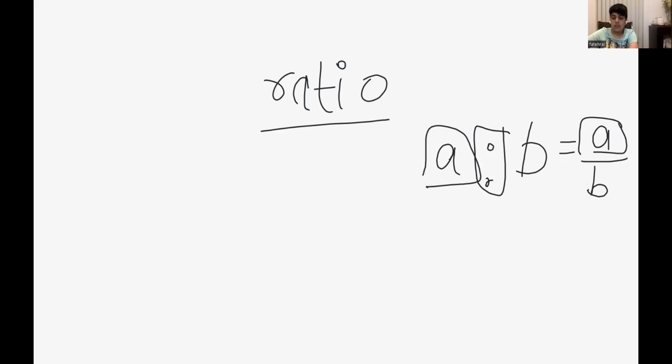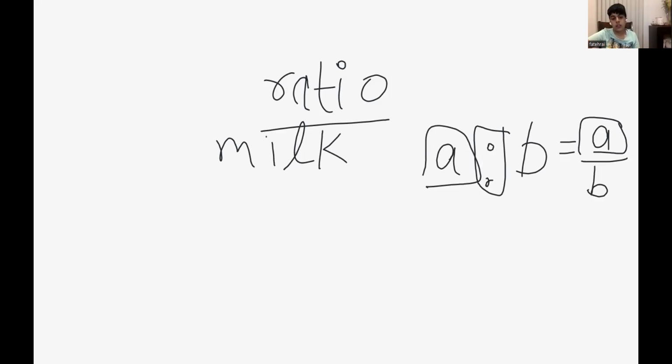Now, what is the basic meaning of ratio? Say I have made a milkshake. In this milkshake, two ingredients are there. One is the milk and one is the mango.